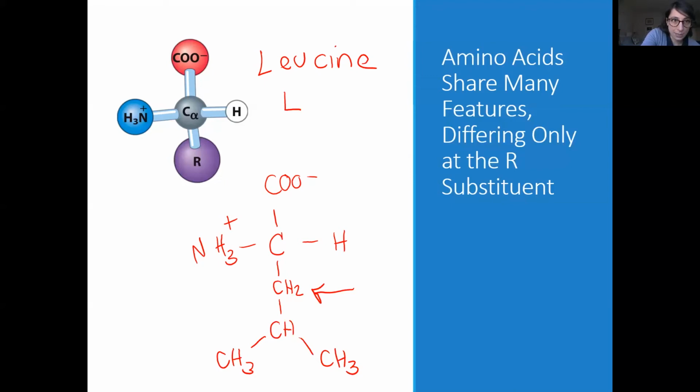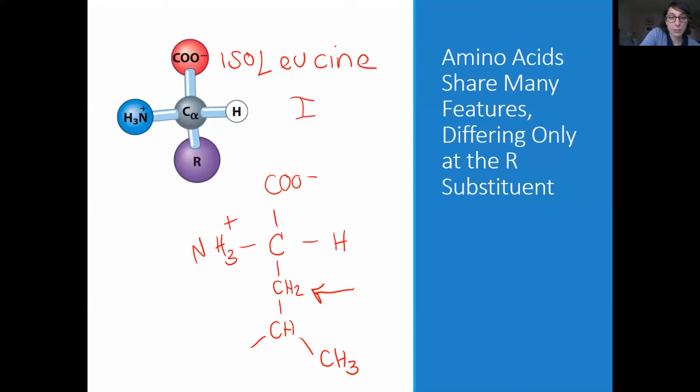Isoleucine, the next one, is an isomer of leucine. So it is leucine but rearranged. Its one-letter code is I. And the rearrangement comes with one of these CH3 groups.